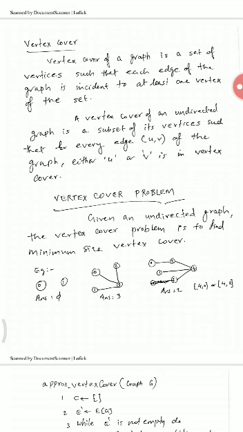Then what is the vertex cover problem? Given an undirected graph, the vertex cover problem is to find the minimum size vertex cover. You can see the first figure.